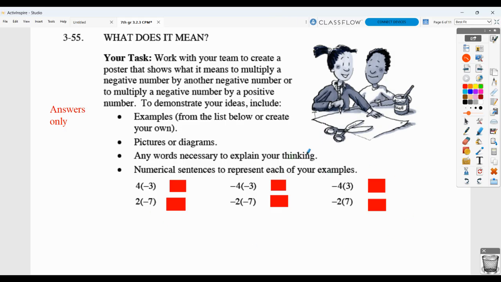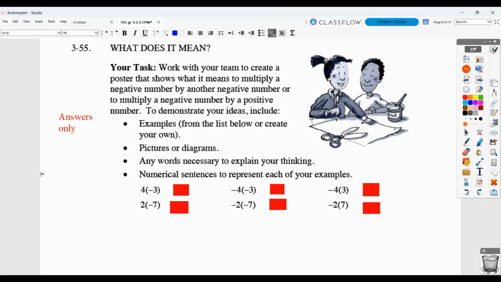So when you're going to answer these, what we want you to remember, and this should go into your toolkit, is a positive times a positive will equal a positive. And like I said, this should not only go into your notebook, but also your toolkit.